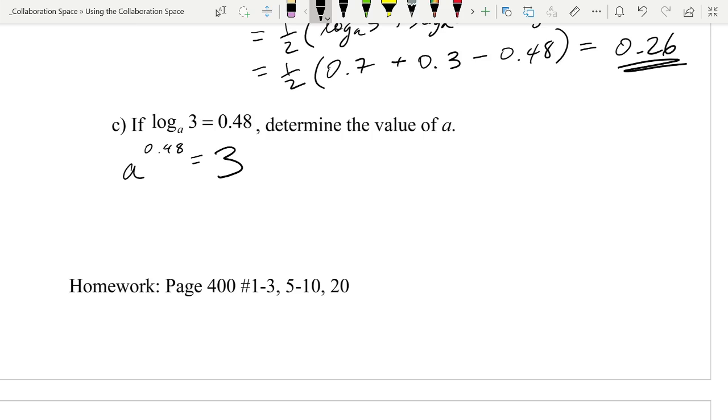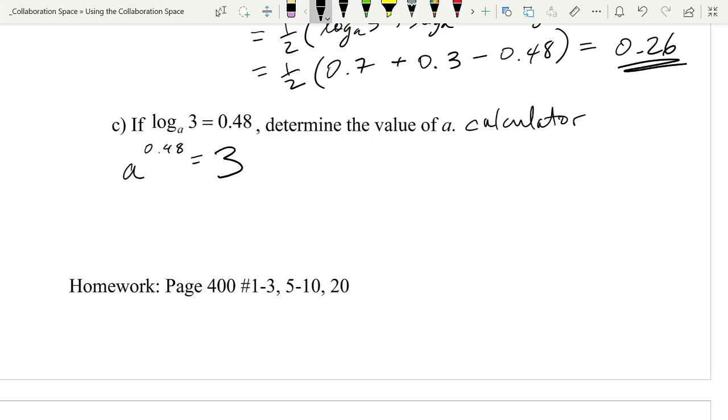What can I do with that? Some number to the power of 0.48 is 3. What can I do with that? Well, I'm going to need a calculator for this one. This is definitely a calculator question. But how do I tell my calculator to do that? How do I say to my calculator, hey, give me a number that when I times it by itself, 0.48 times is 3? Any idea?